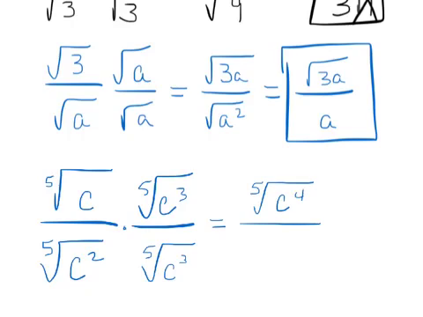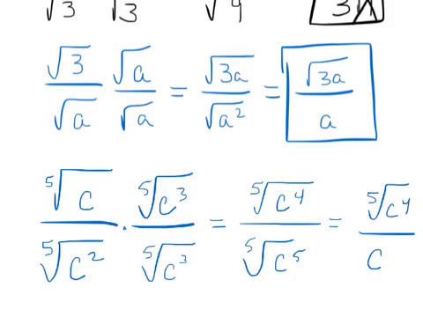Good. So fifth root of c to the fourth, which can't be reduced, because remember, 4 cannot be divided by 5 evenly, so that's not going to help us. It's going to stay there. But the denominator now becomes fifth root of c to the fifth, which really is just c. And you leave it like that. Okay? That's as far as we can go for this problem.